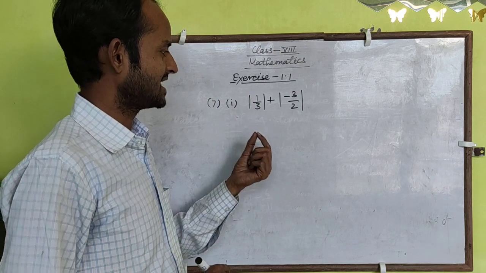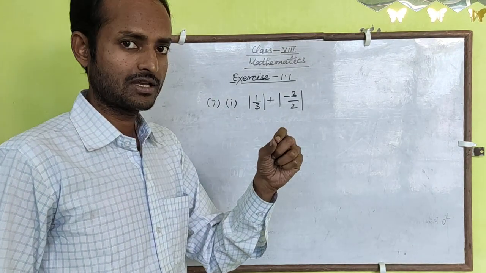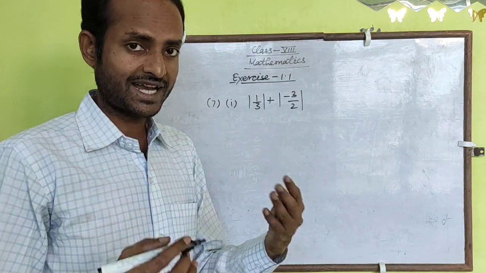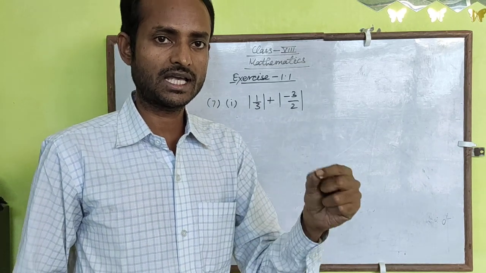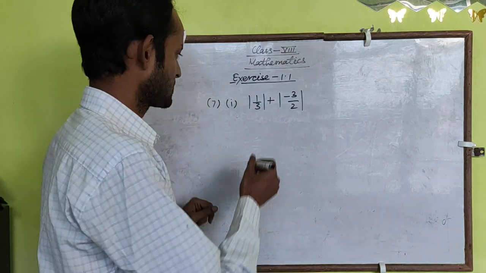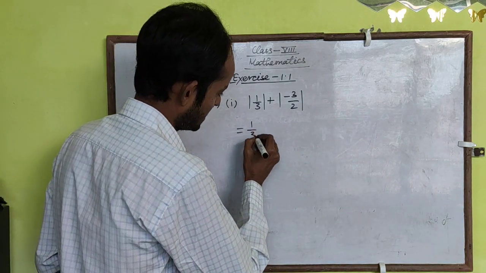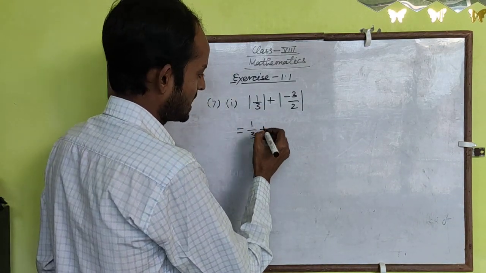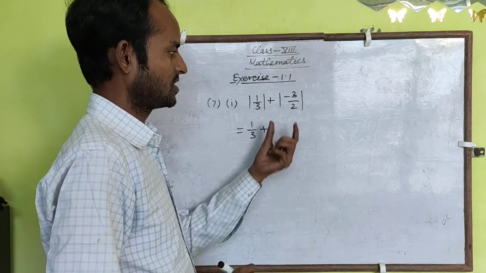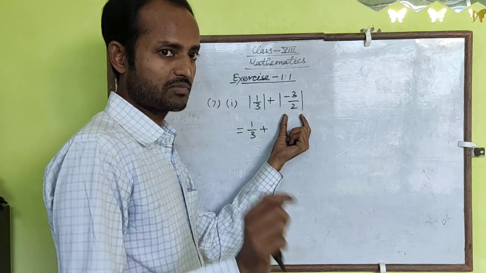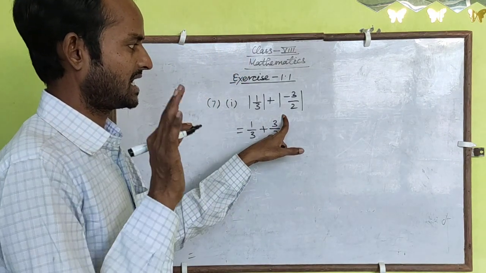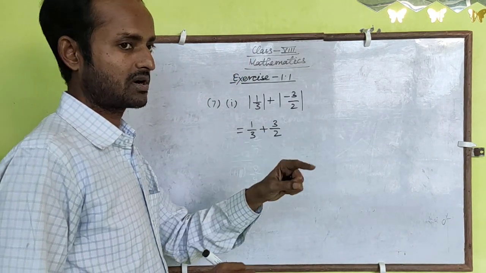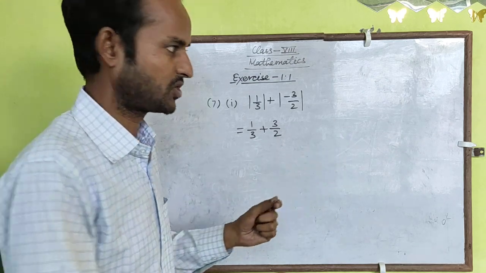That is, any number which is negative, if we take the modulus of that number, then this number is always positive. Here 1 by 3 is already positive, and this is minus 3 by 2. But we have to take the mod, so it is simply 3 by 2. No negative number is taken, because mod says that every number is positive.